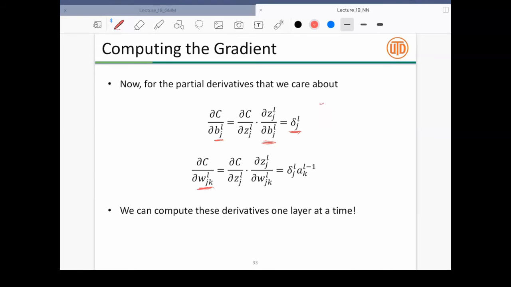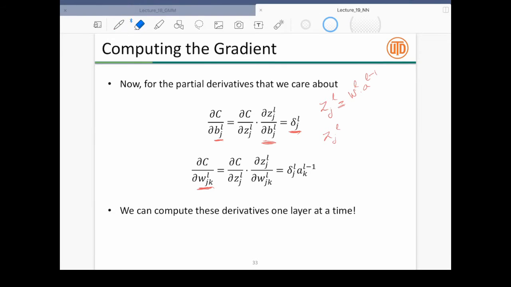And this function, we know that z j L is nothing but W L multiplied by A L minus 1.